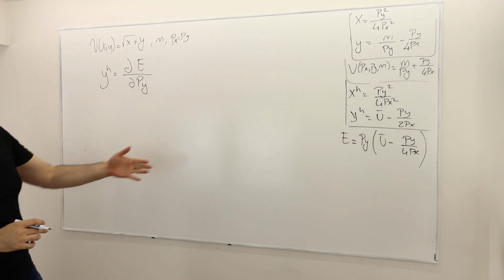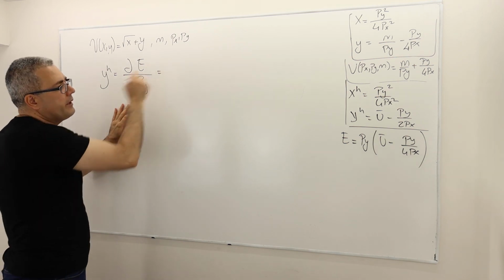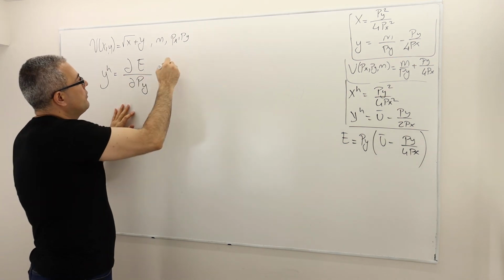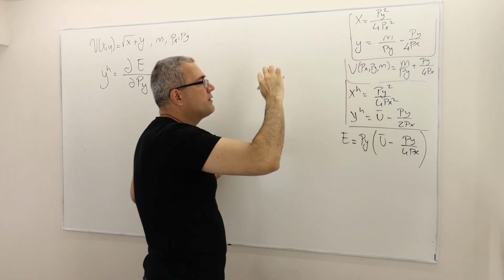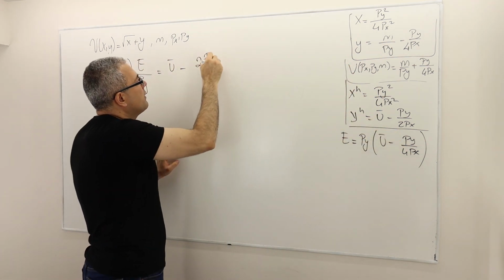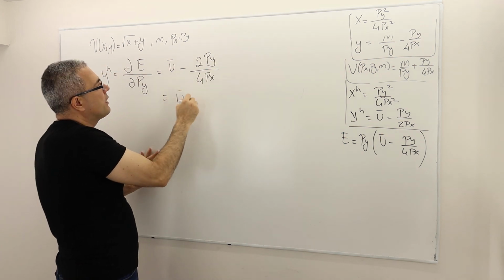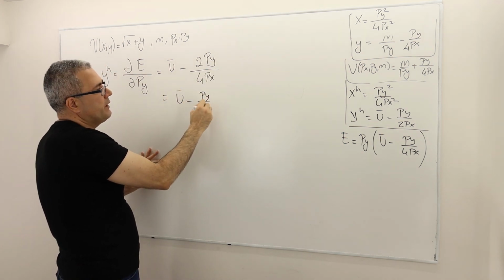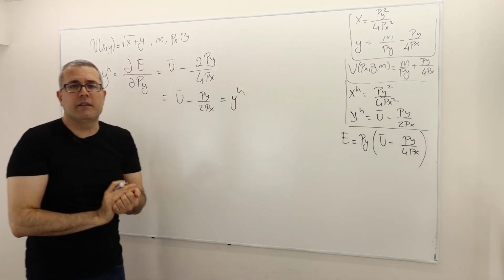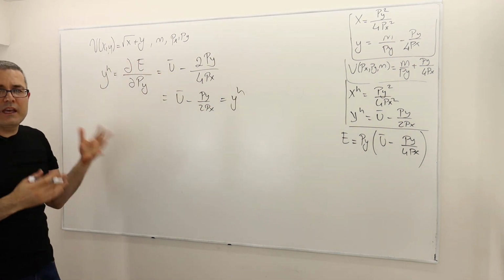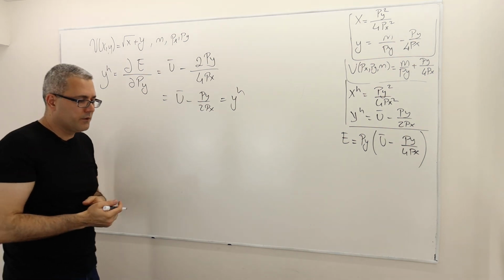Remember, this is the expenditure function. If you take its derivative with respect to py, it is u bar minus, for py squared, the derivative is 2py divided by 4px. So it's nothing but u bar minus py over 2px, which is exactly the same as the Hicksian demand. All right? So yes, Shepard's lemma does hold for this question.